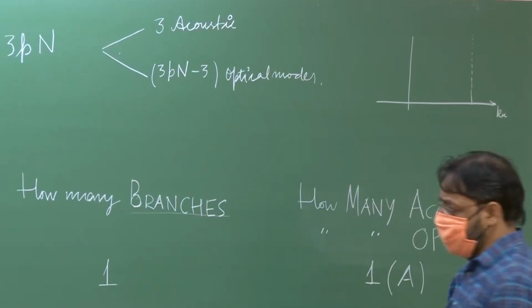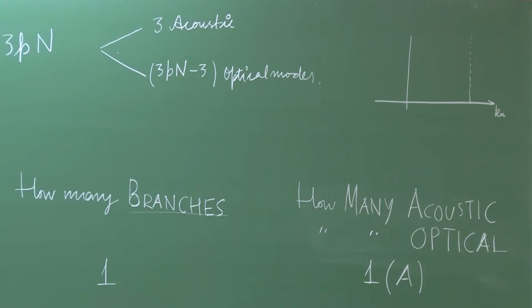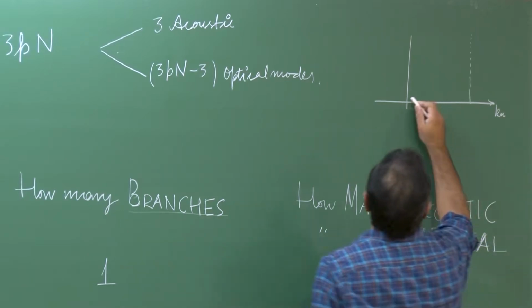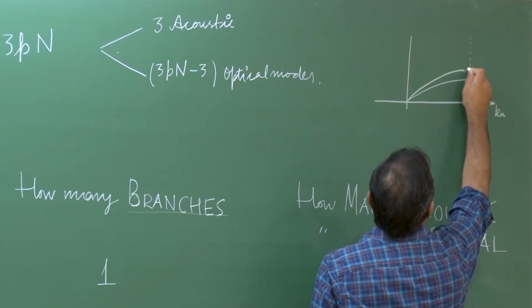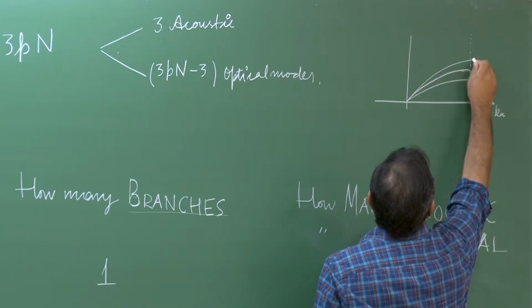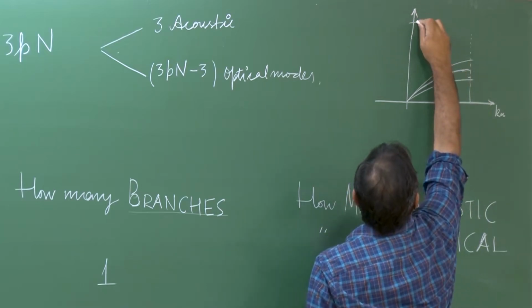Everything else remains the same. In this case, the zone will extend from minus pi by ax to plus pi by ax, minus pi by ay to plus pi by ay, minus pi by az to plus pi by az. So you will have these 3 acoustic branches, and then you will have lots of optical branches.